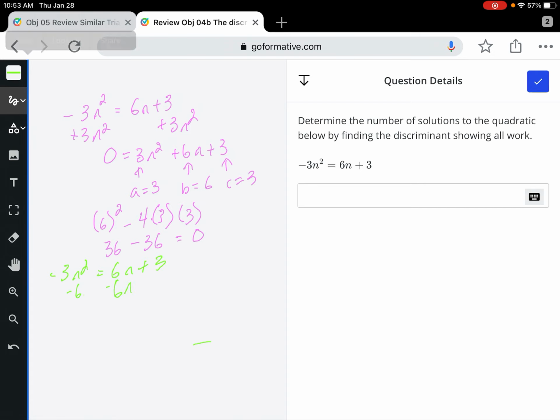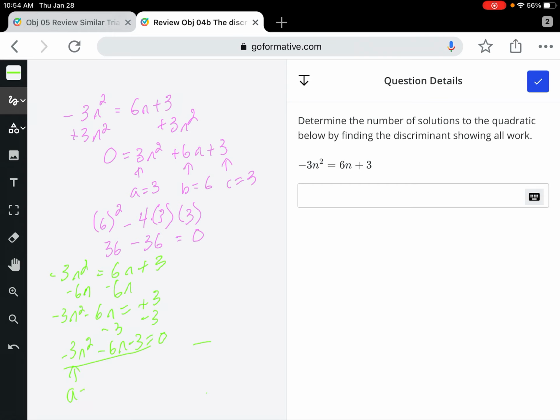6n plus 3. If I subtract 6n, subtract 6n, so this is -3n squared minus 6n is equal to +3. I subtract 3, -3n squared minus 6n minus 3 is equal to 0.